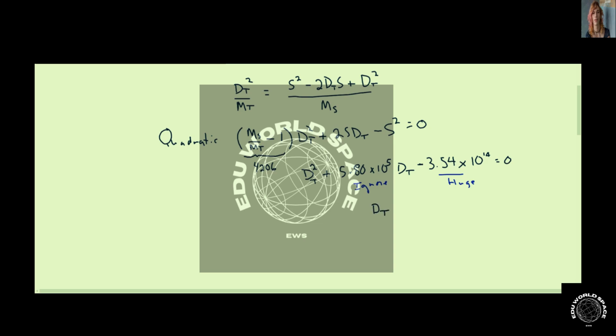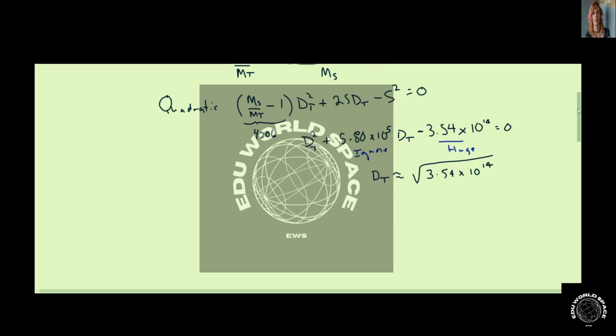But we're going to say that dt is approximately the square root of that last term. So simply set the middle term equal to 0 and figure out an approximate value for that distance to Titan. And what we see is it's approximately 1.88 times 10 to the 7th meters.